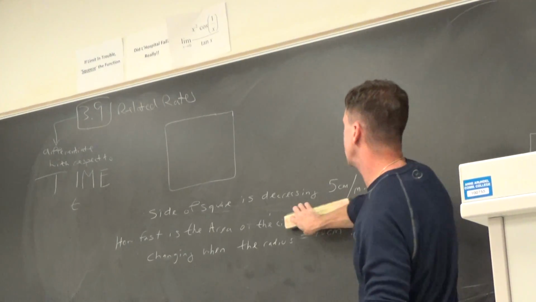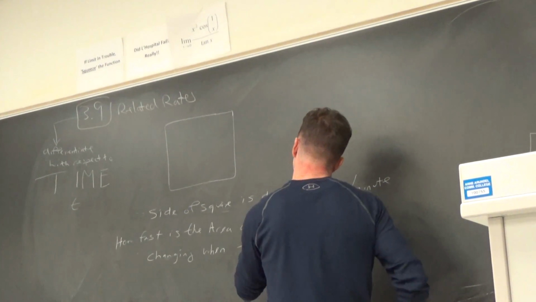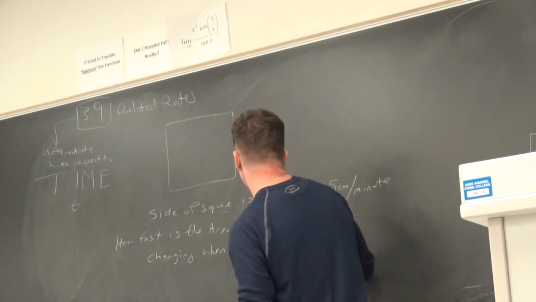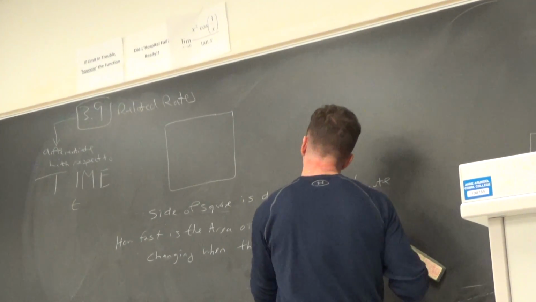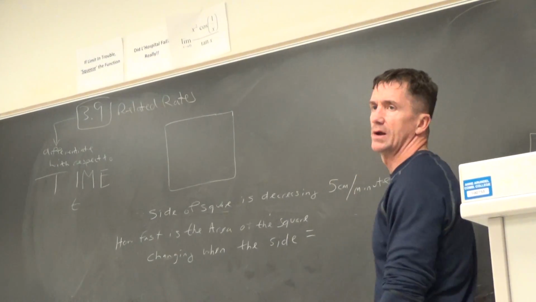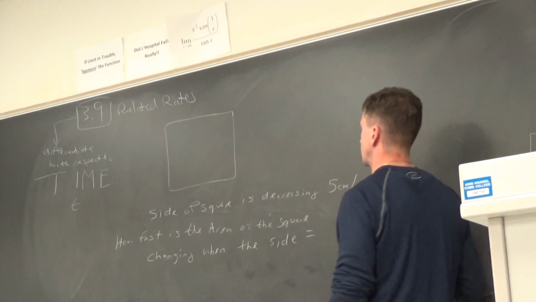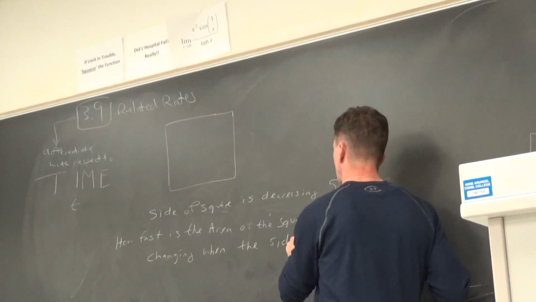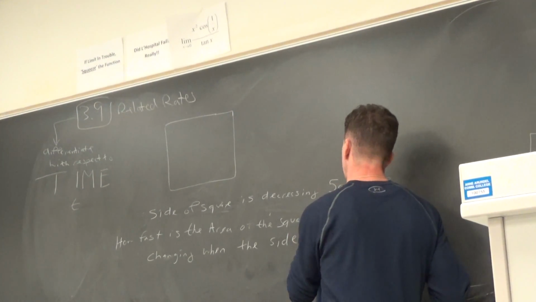And how fast is the area of the square changing when the side equals, make up any number you want, Amber. Give us some length. When the side length is what? 4.